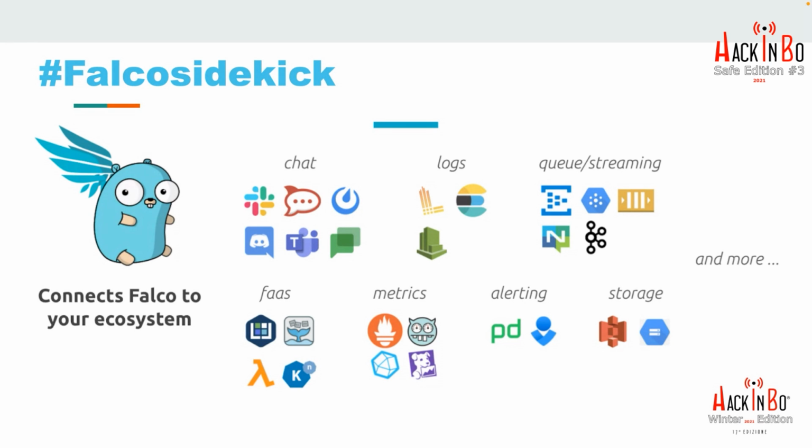Alternatively, you can use those events for metrics or alerting with PagerDuty or even more. But as you can imagine, today we are going to focus our attention on the function as a service, which is our major component to create our response engine.